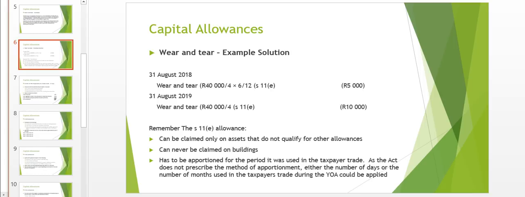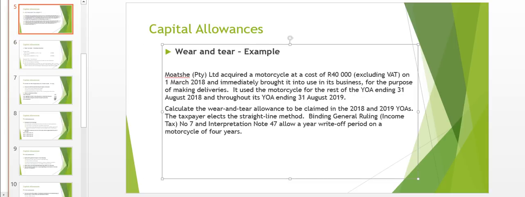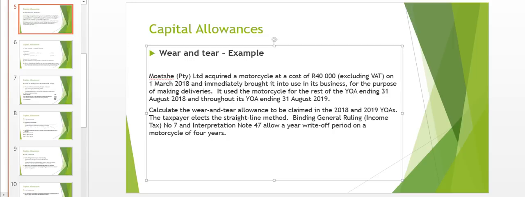solution. So during the 2018 year of assessment, we bought this motorcycle for 40,000 Rand. Interpretation Note 47 tells you that for a delivery vehicle, the wear and tear allowance period is 4 years. So we're going to say 40,000 Rand, divided by 4. Now we only had it for 6 out of 12 months, because we had it from the 1st of March 2018 until the end of the year of assessment, which ended 31 August 2018.